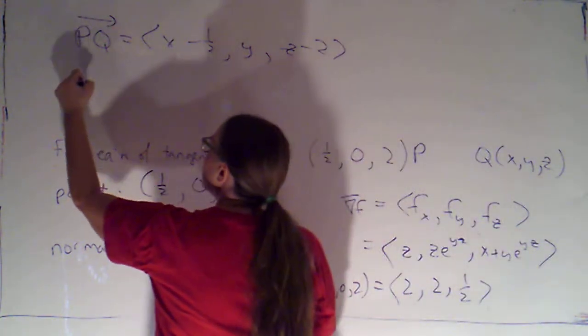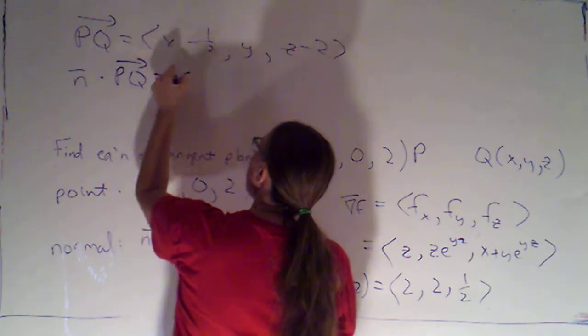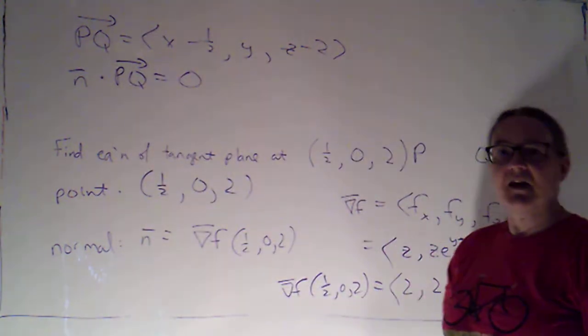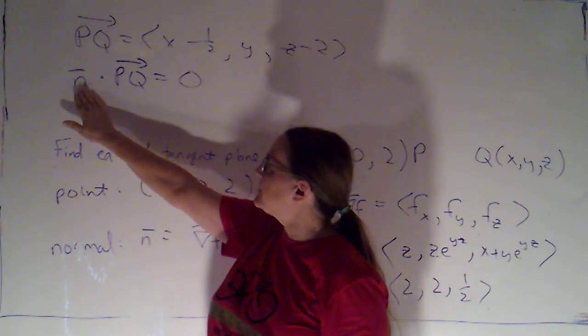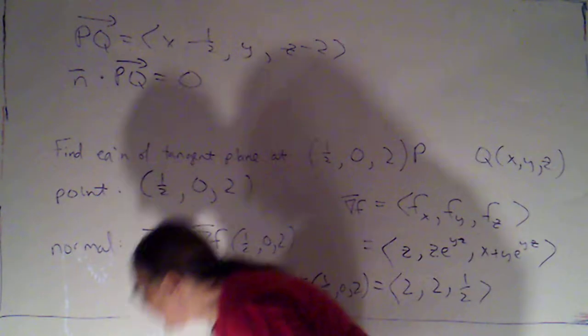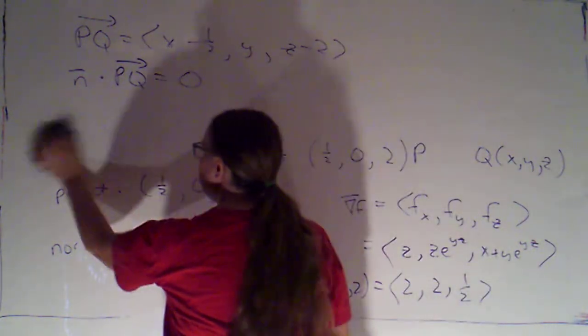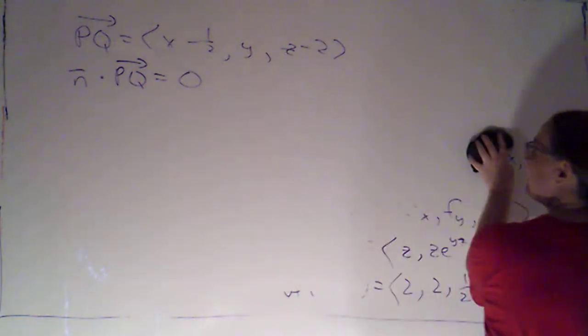But what I know is that n dotted with PQ has to equal 0. Because if this is normal to the plane, that's going to mean it's going to be orthogonal to any vector that's parallel to the plane. And if PQ is connecting points on the plane, it's parallel to that plane.